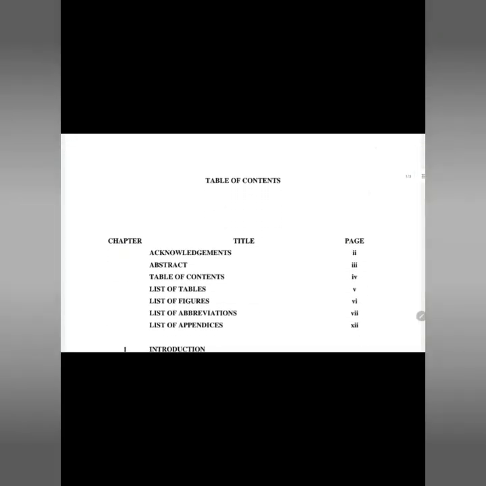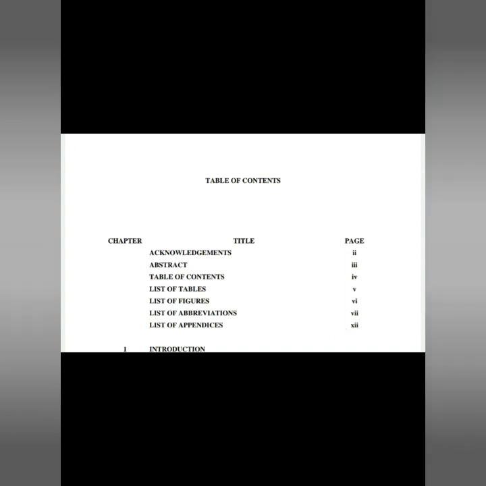If you look at the sample here, we'll start with the title or the heading in the middle of the page, and then you'll start with the preliminary section: acknowledgement, abstract, table of content, list of tables, figures, abbreviation, appendices. You can see the page numbers in what we call Roman numbers.